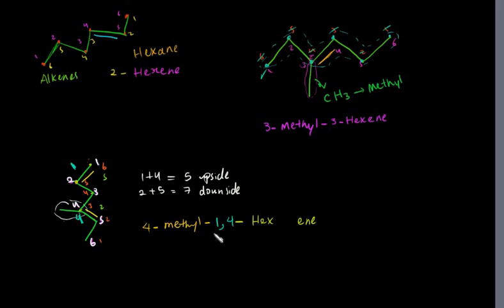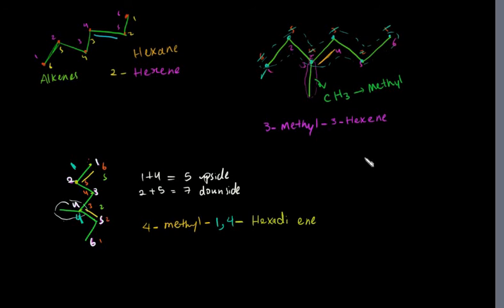But because we have two double bonds here, I should write another prefix, which we call di. So it will be hexadiene. Hexadiene. Alright?